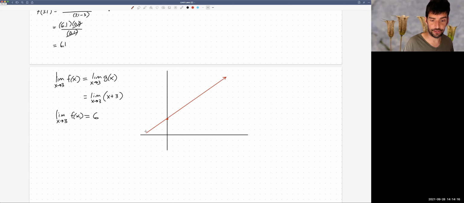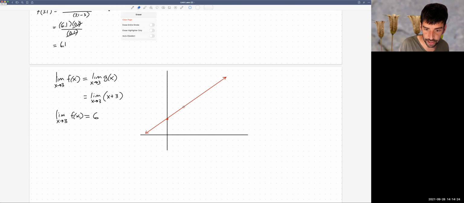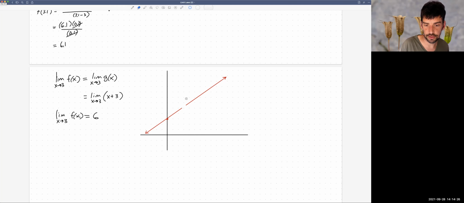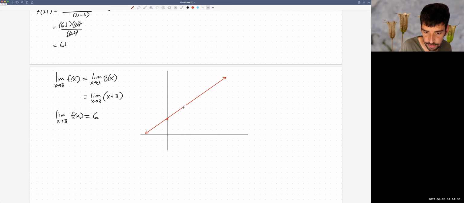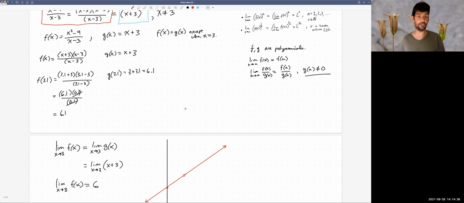There's my graph, except that at 3, somewhere about right here, it has a hole in it. Otherwise, it looks exactly like the line x plus 3 for all the reasons we just set up here.